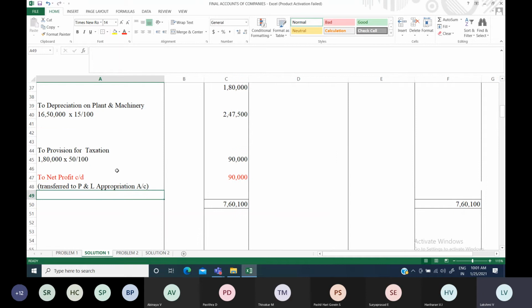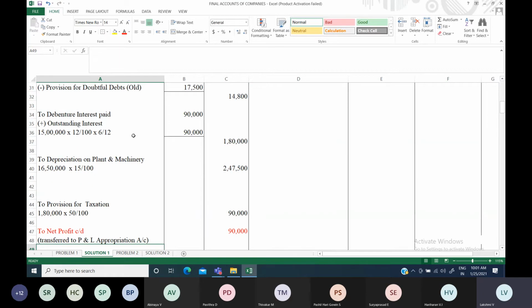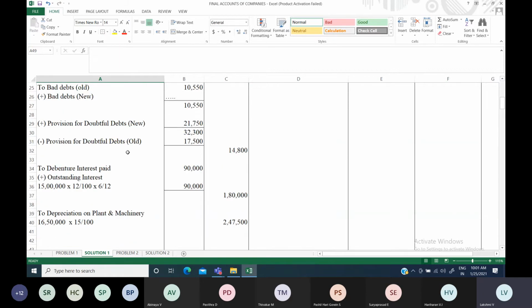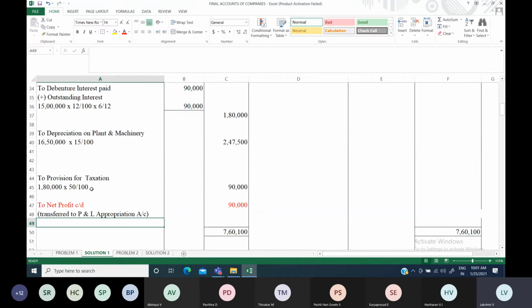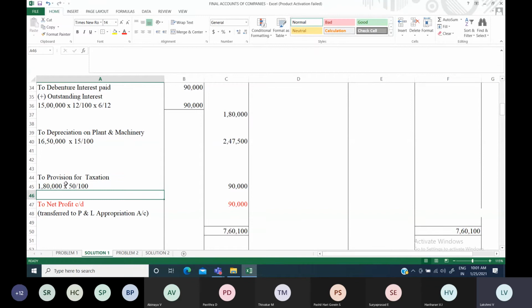So this is the manner how we have to prepare P&L account. Usually, how you prepare P&L account, in the same manner you are going to prepare, but you have extra information here, the provision for taxation. If the amount is given, it will be entered here, and you will find the balancing figure, net profit. When the amount is not given and only a percentage is given, then you have to calculate it from the profit.